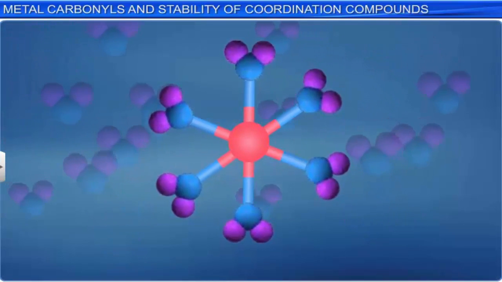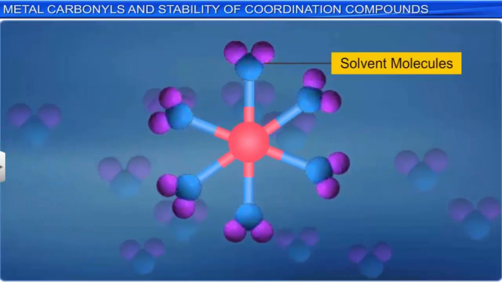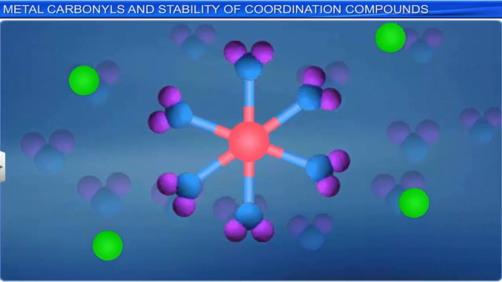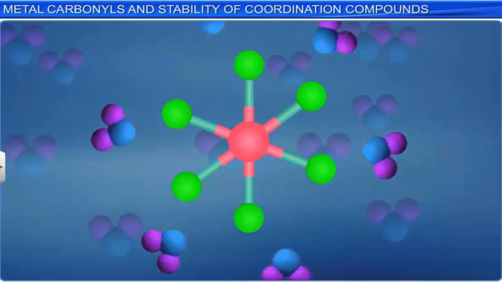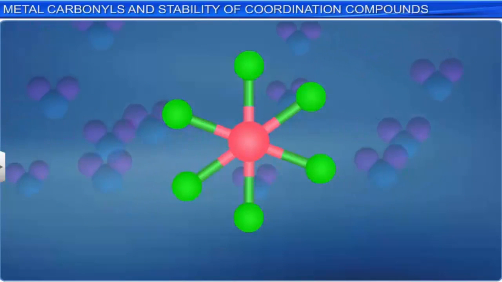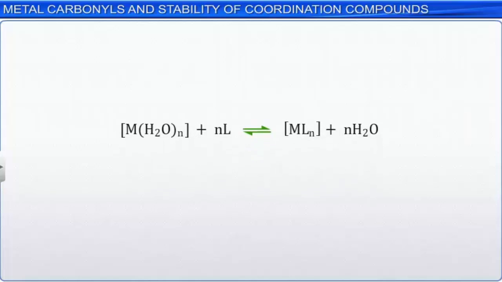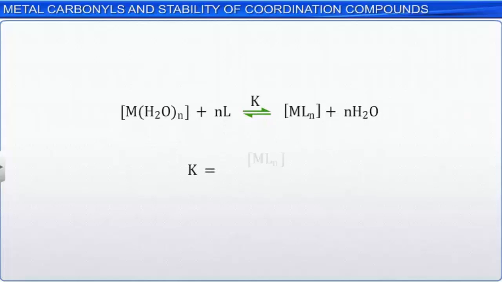Consider the reaction M(H2O)n plus nL in equilibrium with MLn plus nH2O. The stability constant for this equation can be written as K is equal to the concentration of MLn divided by the concentration of M(H2O)n multiplied by L raised to the power of n. Note that the molar concentration of water is ignored because its concentration remains almost constant.